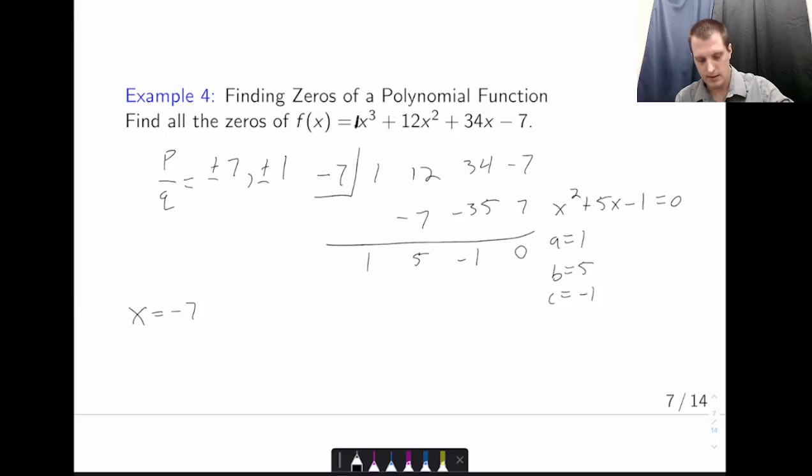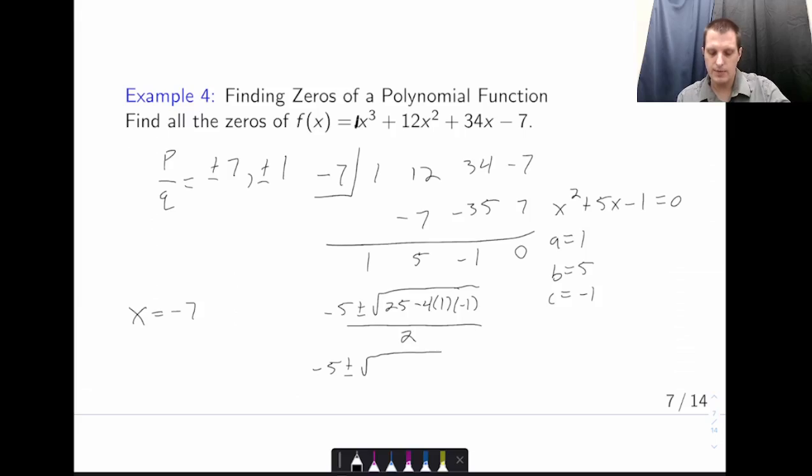So we're going to get -5 plus or minus square root of 25 minus 4 times 1 times -1, all over 2, or -5 plus or minus square root of, well, I get two negatives times with the 4, so I'm going to get a 29, which is a prime number, all over 2. So, yes, I skipped steps, pre-calculus, hashtag Crimea River.